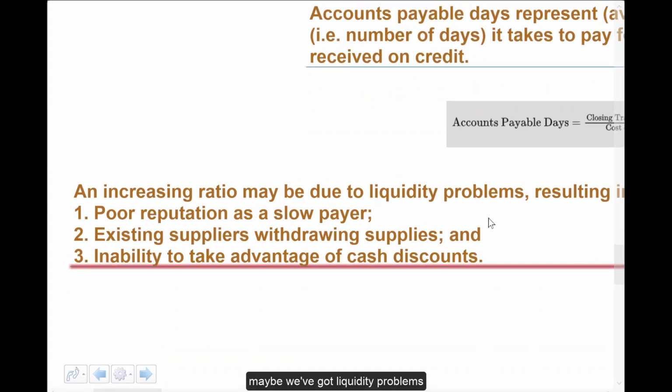Maybe we've got liquidity problems, because if the ratio is increasing, it must mean we're paying suppliers more slowly. Going to get a reputation for that. Or maybe, really bad news, suppliers may withdraw supplies. If we stop paying within terms, they could withdraw, cut us off. Outside of that, maybe we're not taking advantage of cash discounts like we had for other reasons, i.e. we're not as liquid. So, we're drawing on credit more than we used to.